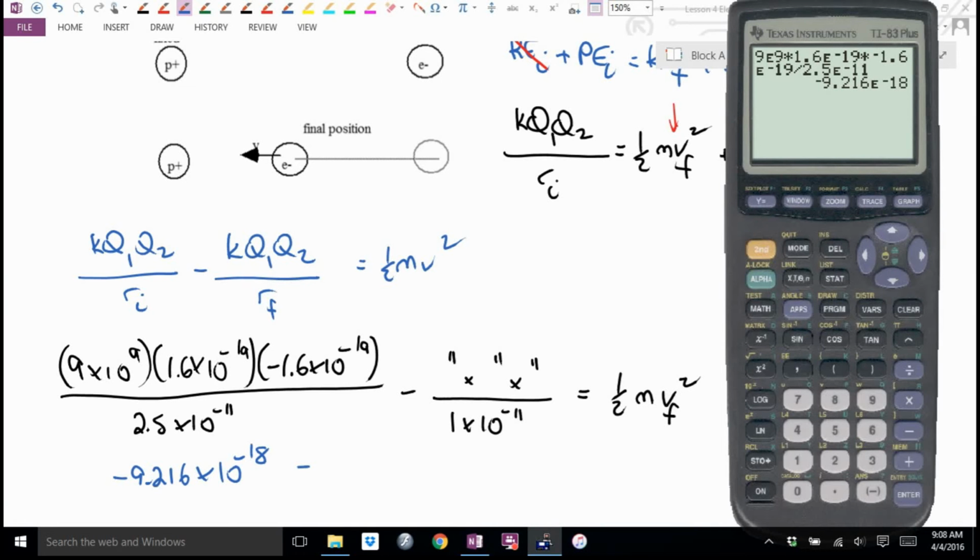And what I really like about this one is, first of all, I don't need to go in and delete a negative or a change of sign like we had to with the gravity one. In fact, here, all I need to do is in the bottom change the 2.5 to a 1.0. Which you might want to be trying on your calculator. I don't know, just saying. I get negative 2.304 times 10 to the negative 17.